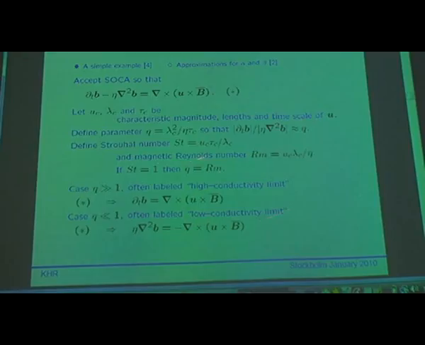We define in addition a Strouhal number in the usual way and a magnetic Reynolds number in the usual way. By the way, if the Strouhal number is exactly 1, then the parameter q is just the magnetic Reynolds number. So we consider two cases. First, the case where q is much bigger than unity.